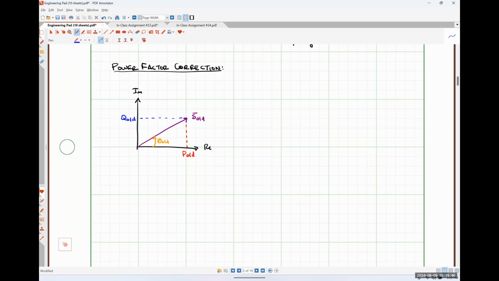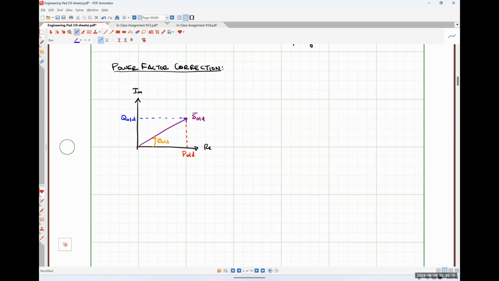So if I want to improve the power factor at which my load operates, do I need to make that angle theta old larger or smaller? Smaller, right. Because the closer we can get that angle to 0 degrees means the closer we are to operating at a power factor of 1.